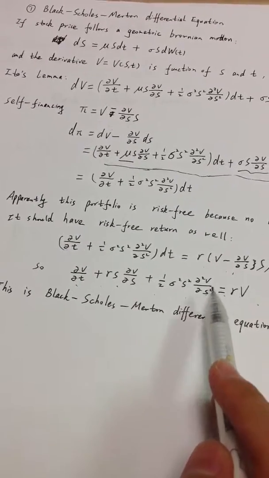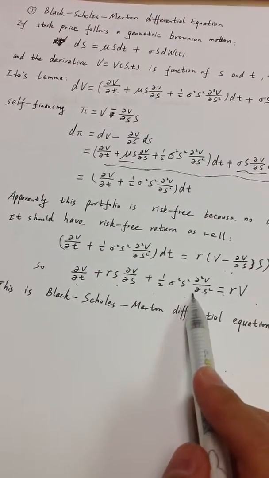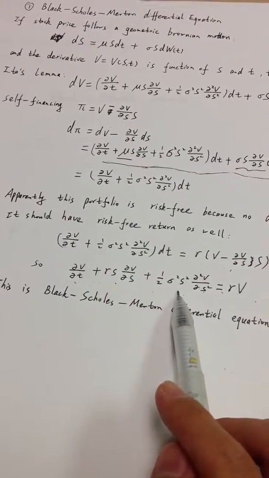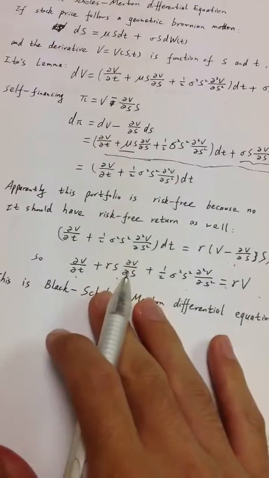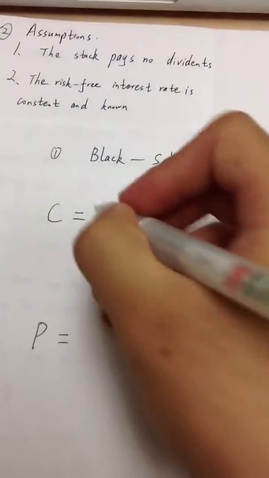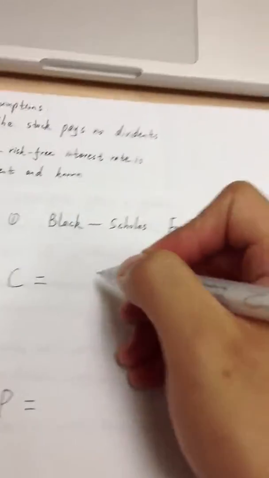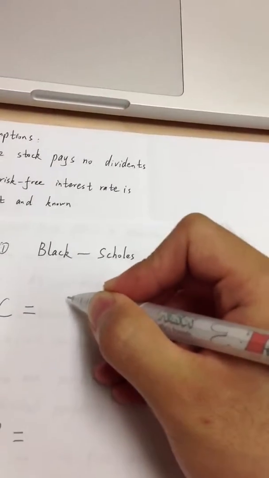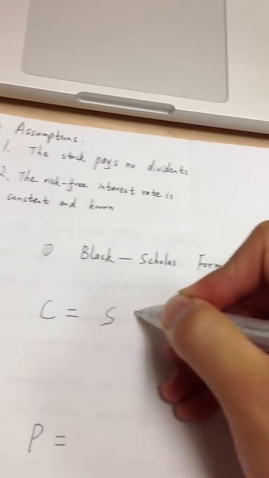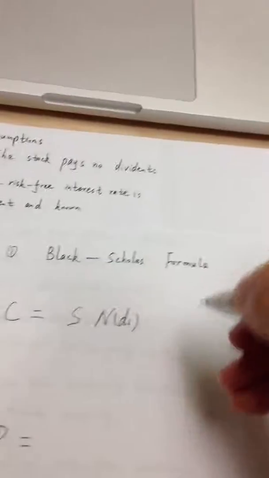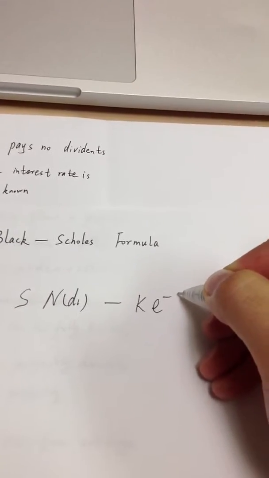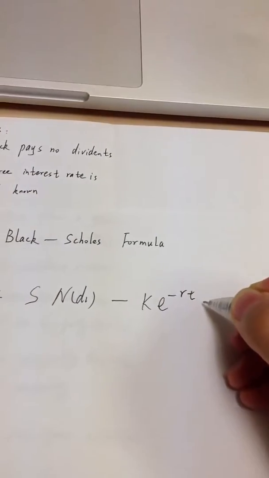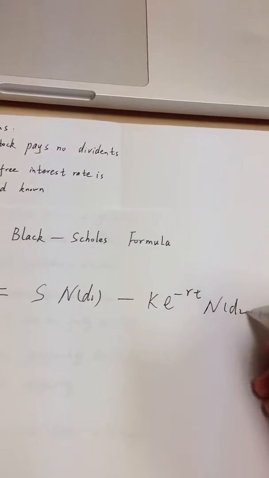Because of the time limit of this video, I would like to skip this deduction of the Black-Scholes formula and look directly into the formula. Here we can get it. The result is C equals S N(d1) minus K e^(-RT) multiplied by N(d2).